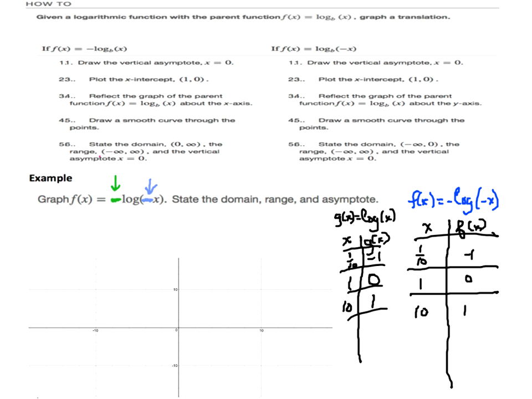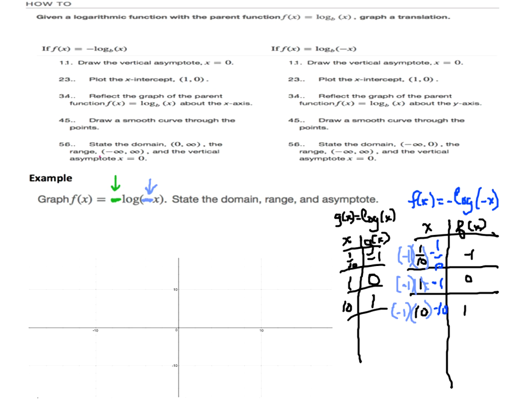Okay, so on my x values, I multiply each of those by -1. And I end up with -1/10, -1, -10.